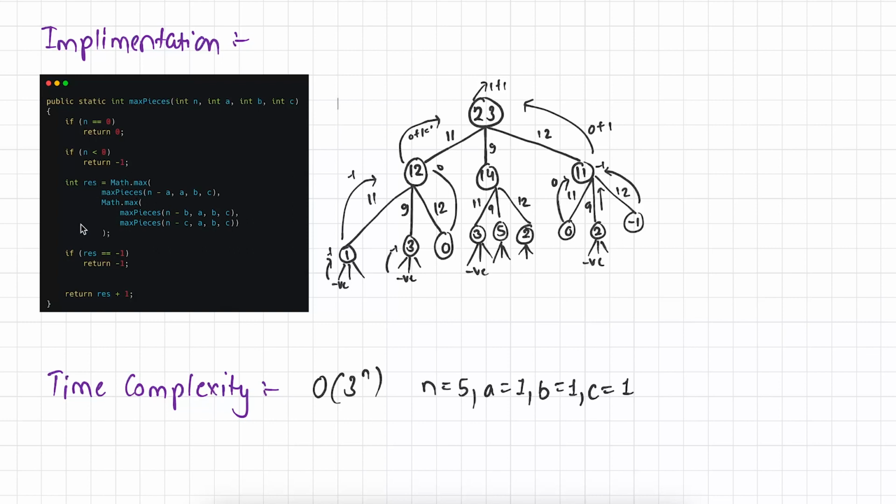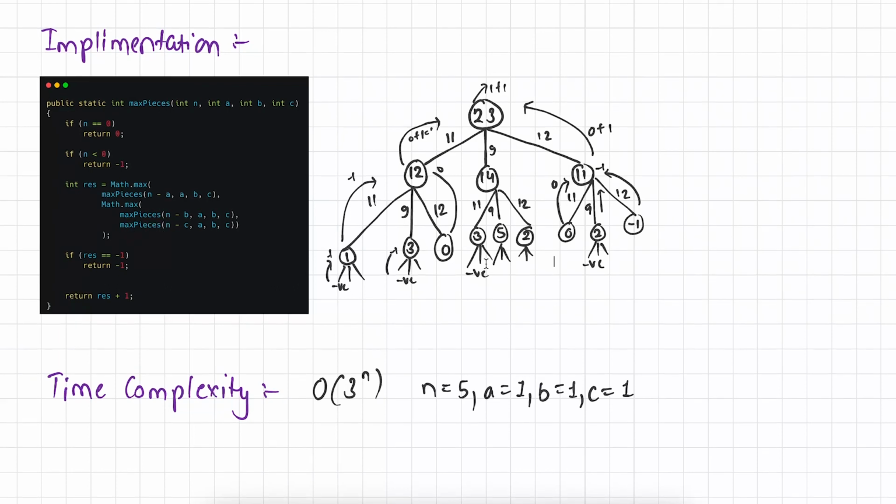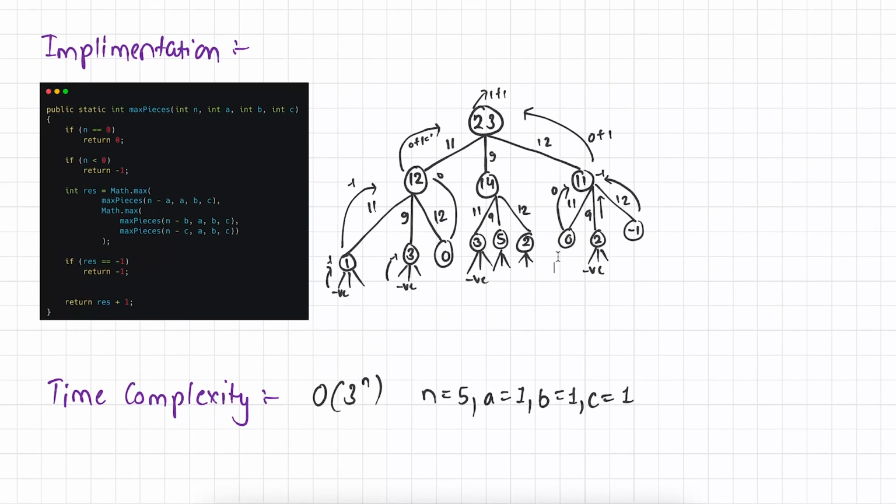Okay, and then we are checking if the result, meaning the maximum of all of these, is equal to -1, then return -1. So in this if condition we are handling this corner case, where all the values are returning -1 to its parent. So in this case we have to return -1, and if the result is not -1, then we simply add 1 to it and return to its parent.